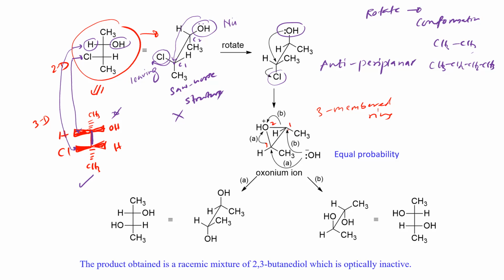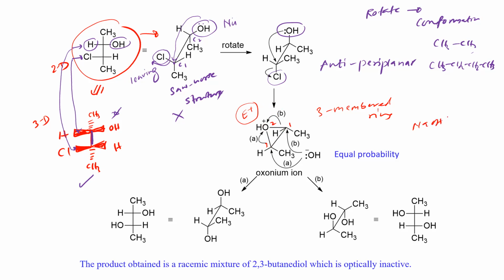It's a ring, that's why we call it a three-membered ring. Now the hydroxyl oxygen and this carbon are connected. Because oxygen donated the 2 electrons to this carbon by attacking, and the chlorine has left, the oxygen is positive. When oxygen is positive, it becomes an electrophile. So now this molecule is more reactive towards the sodium hydroxide.